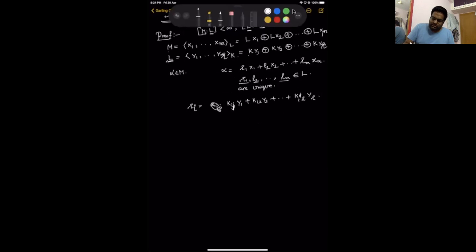If you substitute this for each i equal to 1 up to m, what you will get is that alpha can be written as a linear combination of Kij xi yj, where these Kij are unique.